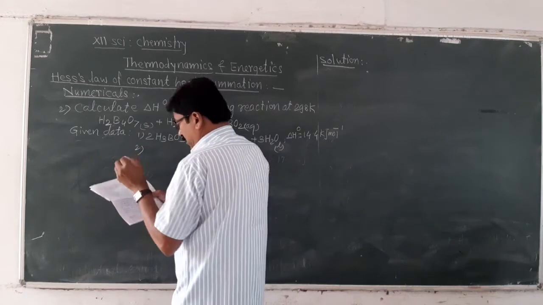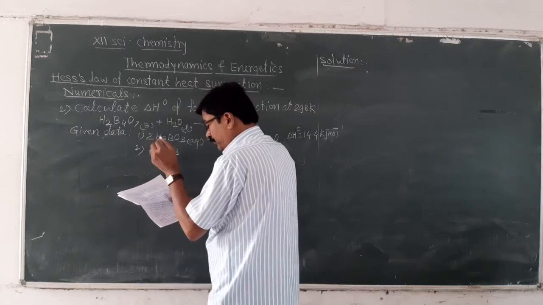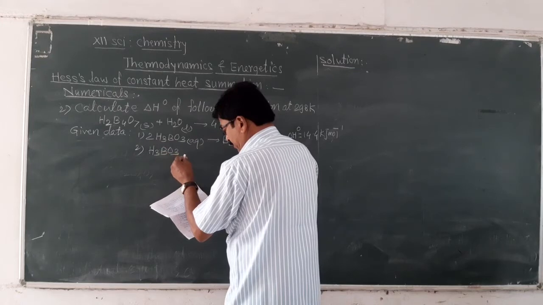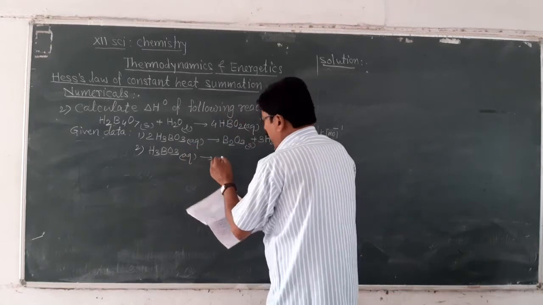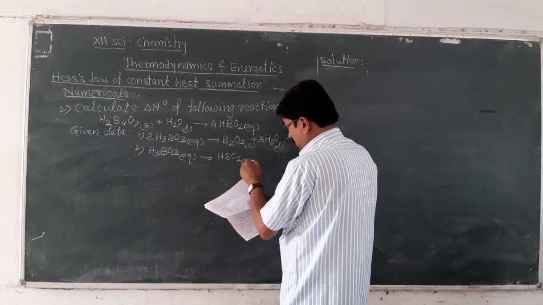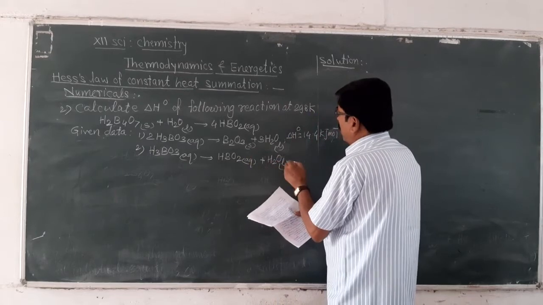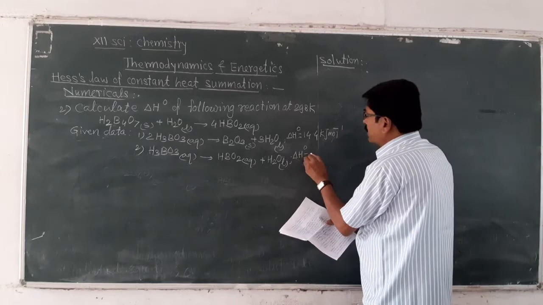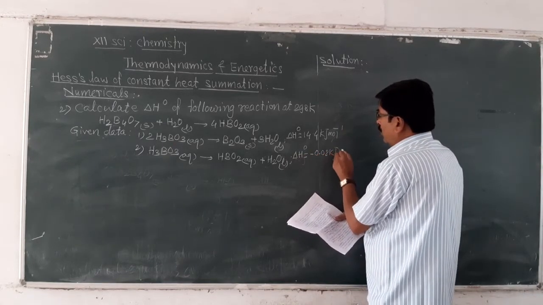Second, H3BO3 aqueous gives HBO2 aqueous plus H2O liquid, and the enthalpy change of this reaction is minus 0.02 kilojoule per mole.